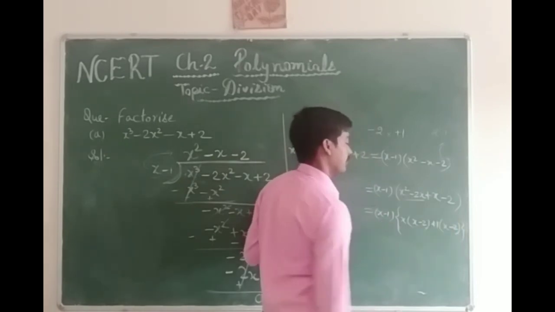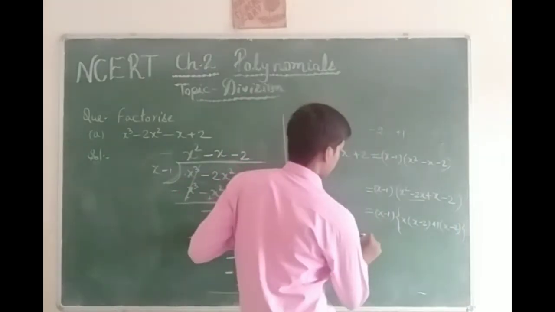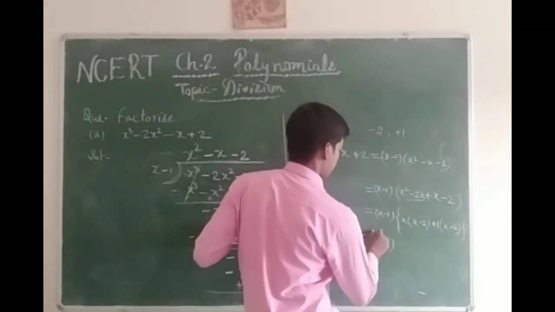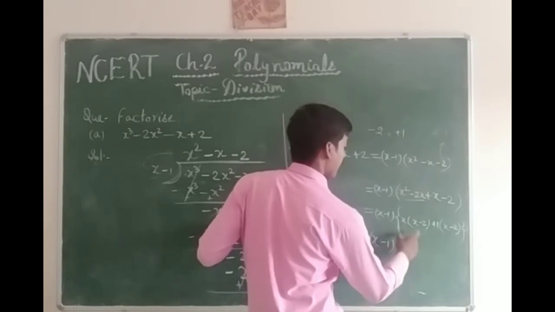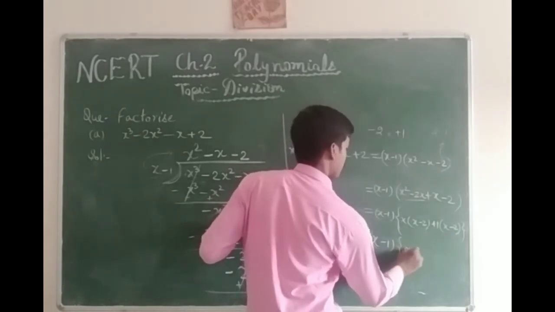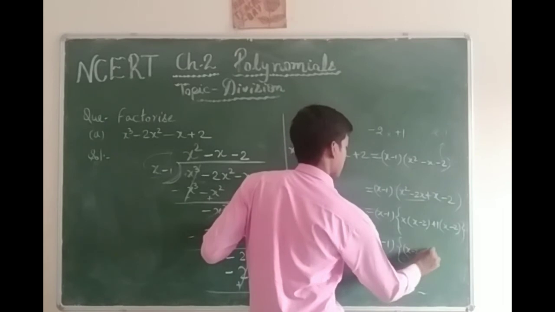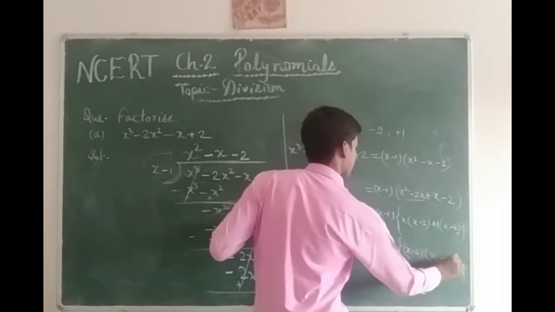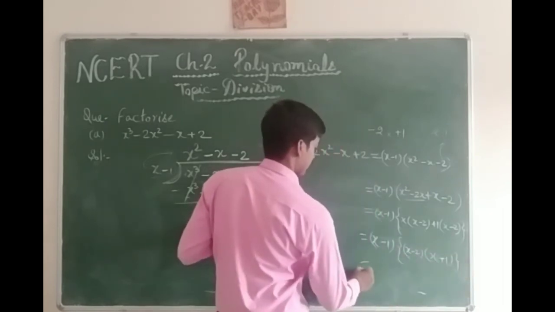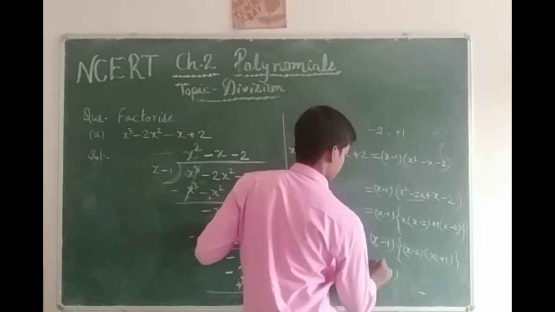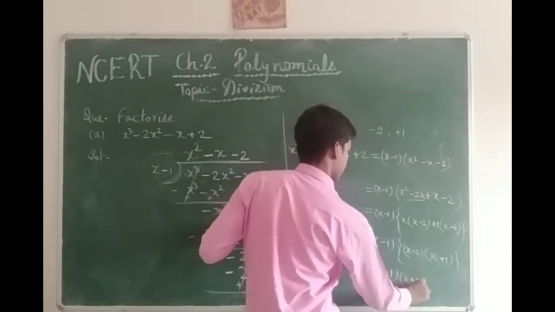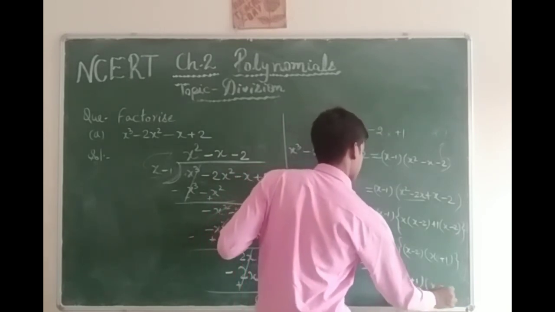Here we can write 1 also, plus 1. So x minus 1 and x minus 2 common in both. Here x plus 1 is remaining. So we can write very easily x minus 1 into x plus 1 into x minus 2.